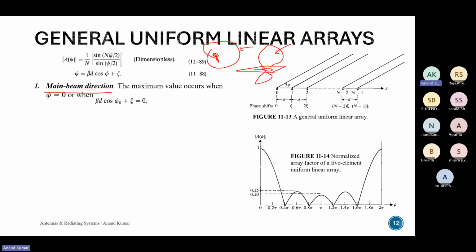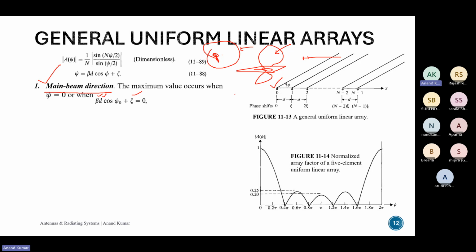But when we make arrays, how would we know where the main beam direction is? For example, if the array is something simple like this, we can solve it mathematically and get the direction of the maximum radiation, and that is the main beam direction. Based on the values for beta d and xi, this will decide where the direction of the main beam is.